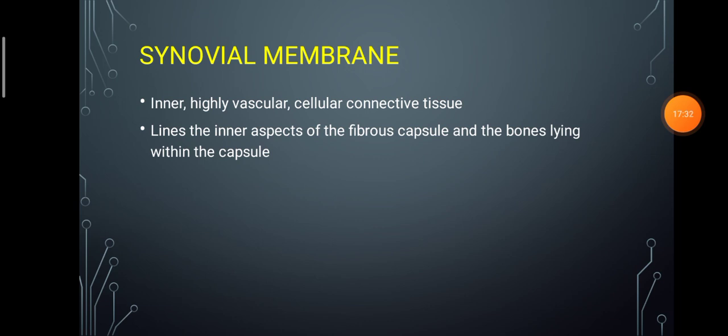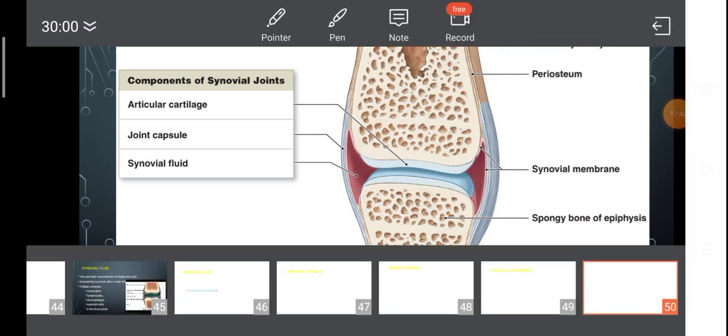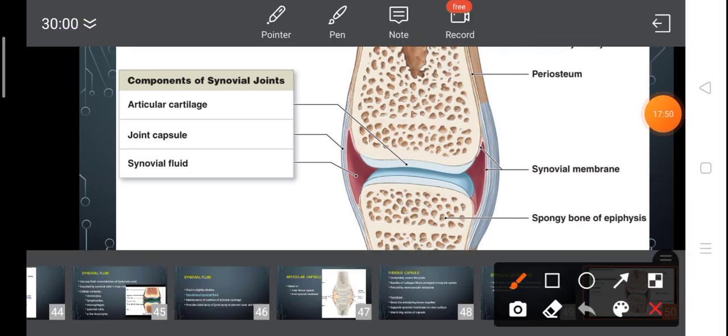Now what is this synovial membrane? It is a thin, highly vascular membrane of connective tissue. It lines the inner aspect of the fibrous capsule and the bones lying within the capsule, that you already know. In this picture you can see the articular cartilage, synovial fluid and joint capsule.